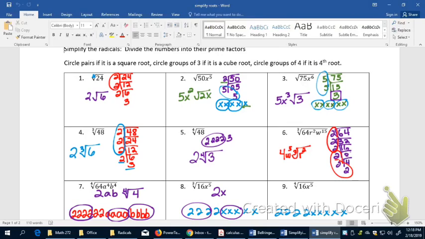So 2x's on the outside, cube root, because it starts with a 3, and then what's on the inside? 2x squared. Okay, here we're going to circle every 4. So 2x is on the outside, and an x on the inside.